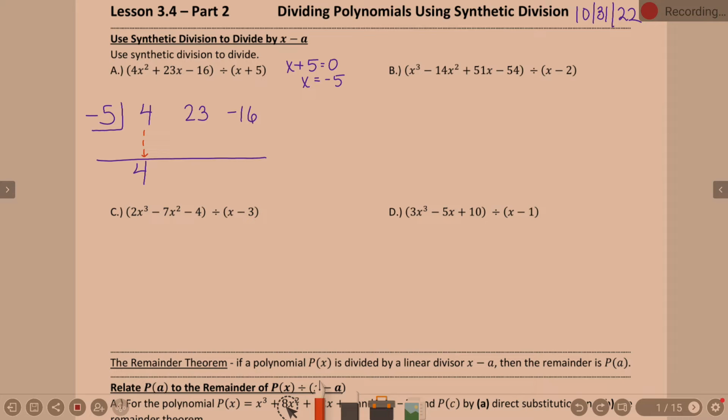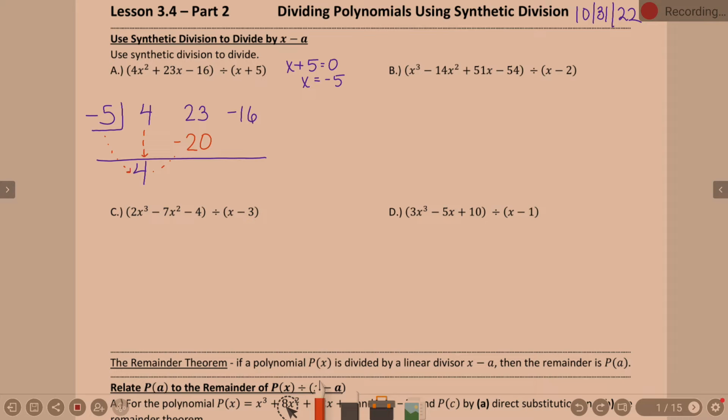We're always going to go back to our divisor here, which is negative 5, and we're going to multiply that number by whatever our most recent number in our answer is. So I'm going to take negative 5 times 4. What is negative 5 times 4? Negative 20. I'm going to bounce that negative 20 up and put it underneath the 23.